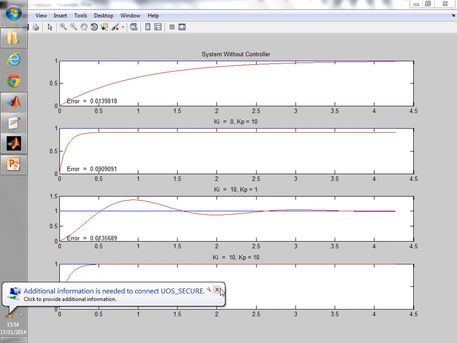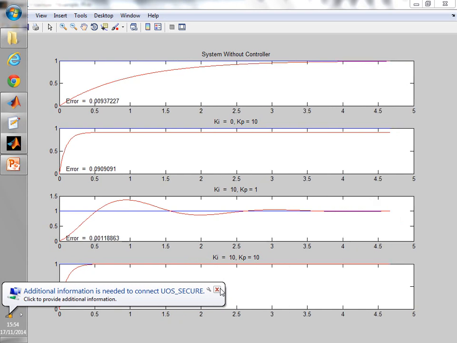In reality, without control, I can't do anything with this transfer function because it's the nature of the plant, the system. If I have such a system, the response will be in this shape.